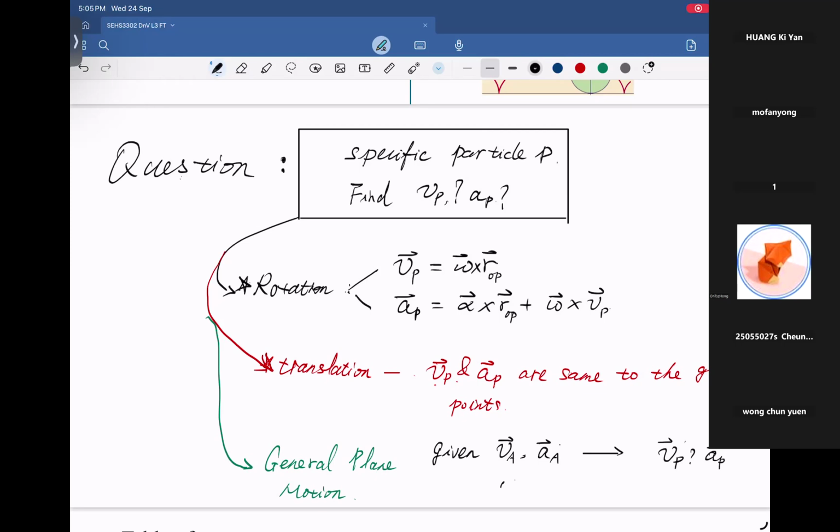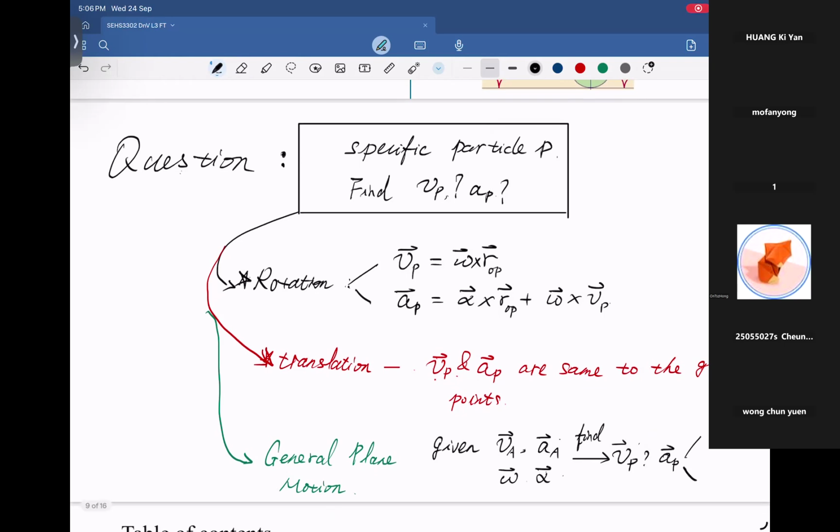Given the rigid body's motion, omega and alpha of the rigid body, we find vP and aP. Therefore, vP and aP can be divided into two parts.